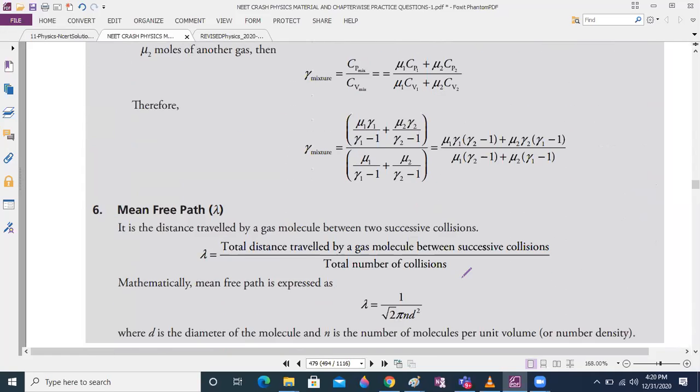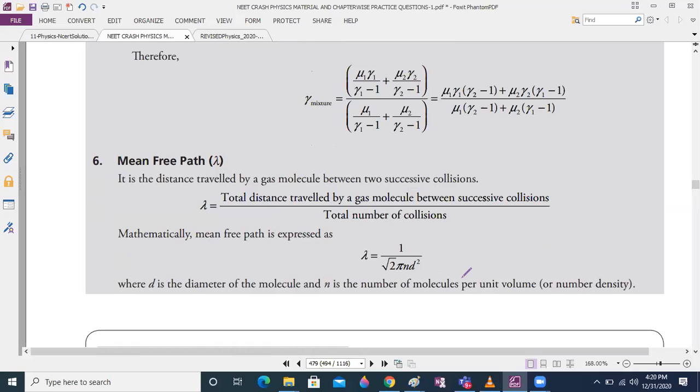Now we discuss mean free path. Lambda equals the total distance traveled by a gas molecule between successive collisions divided by the total number of collisions.